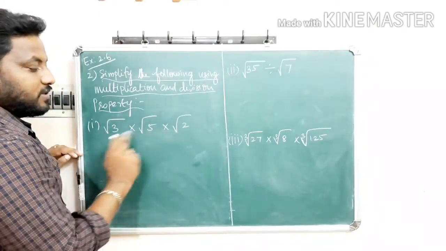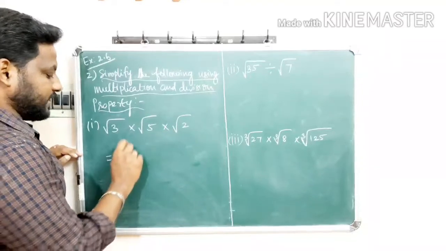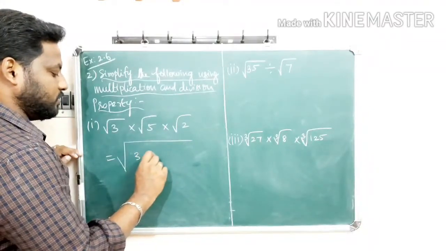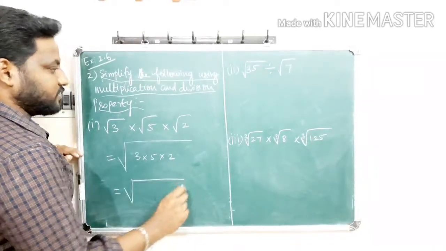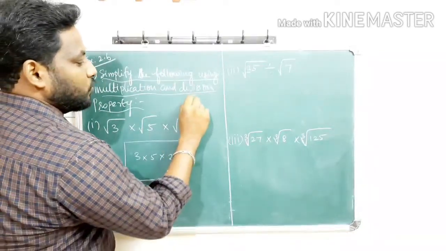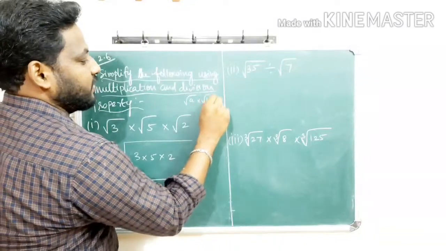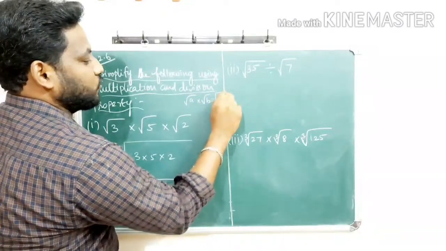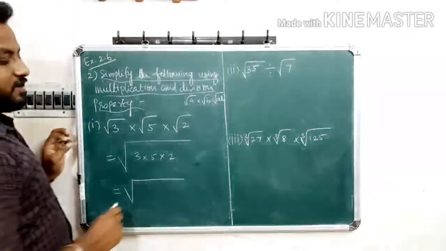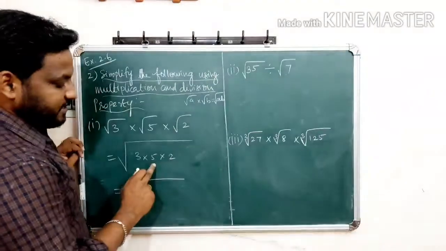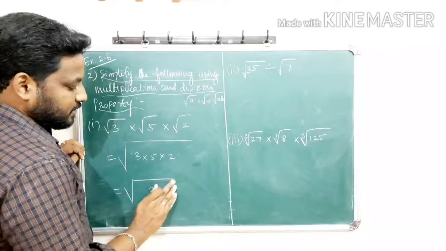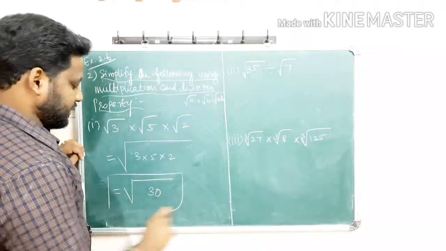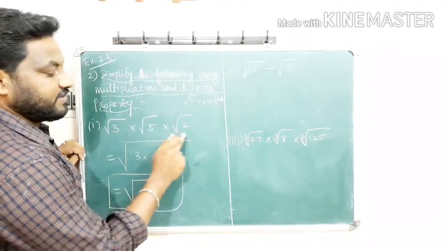All the roots are square roots, so take square root of 3 into 5 into 2, because we know the property root a into root b is equal to root a into b. Using this property, 3 5s are 15, 15 2s are 30. So root 30 is the value of root 3 into root 5 into root 2.